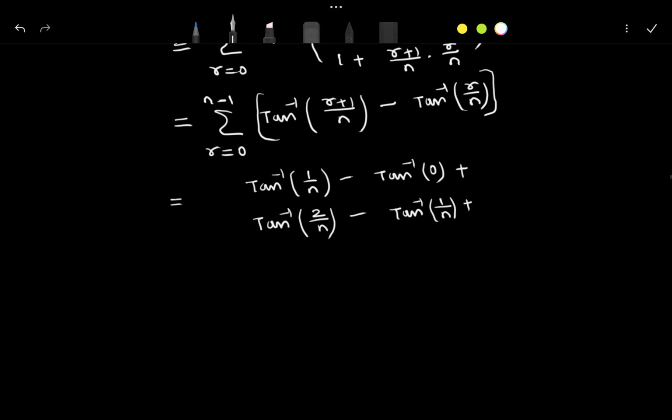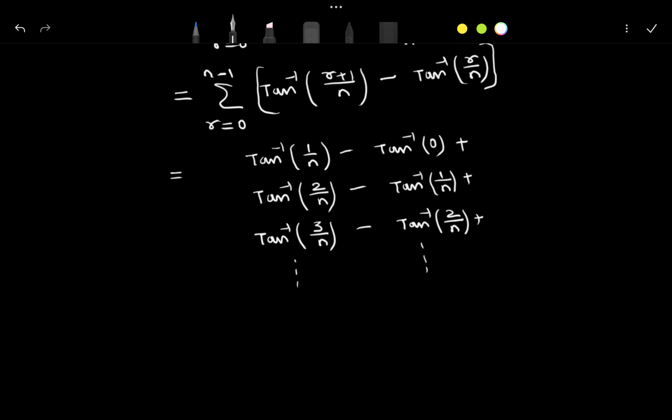R equals 2 becomes the third term: tan inverse of 3 by n minus tan inverse of 2 by n, and so on. The last term, r equals n minus 1, will be tan inverse of n minus 1 plus 1 whole divided by n minus tan inverse of n by n.